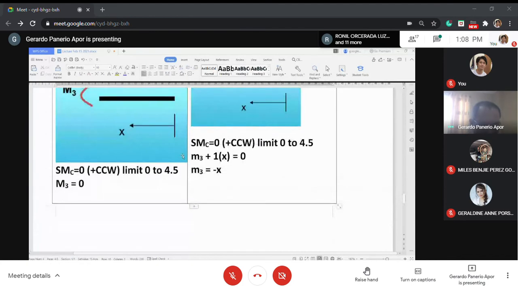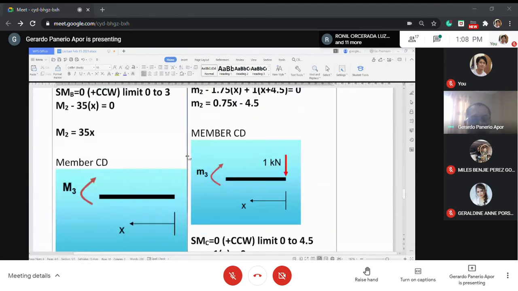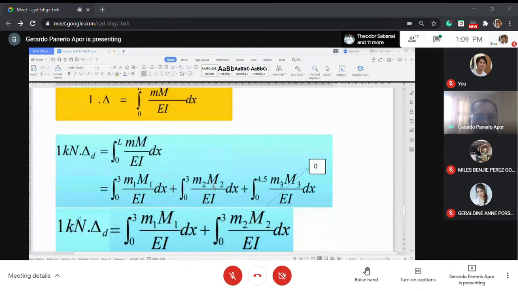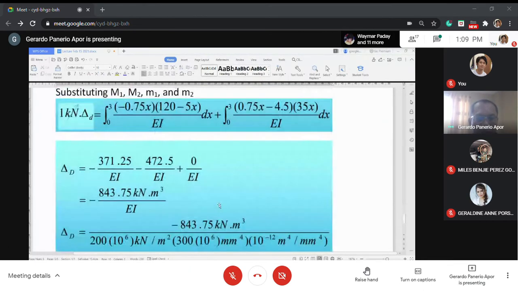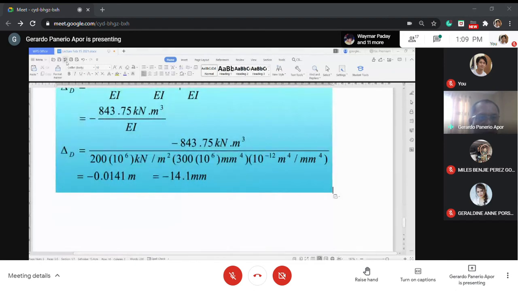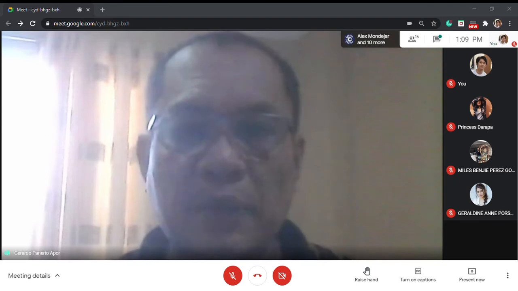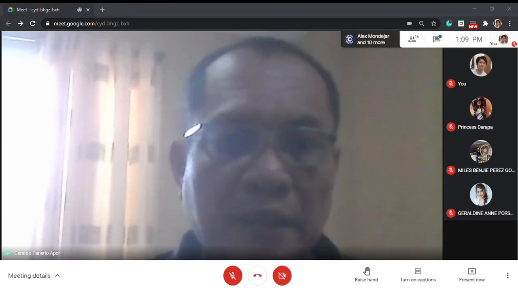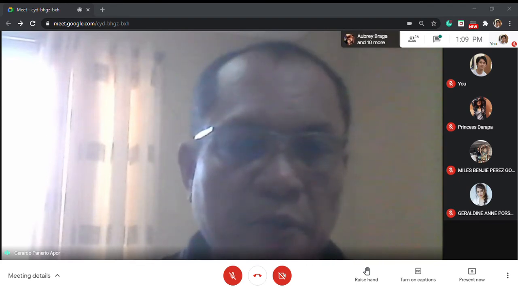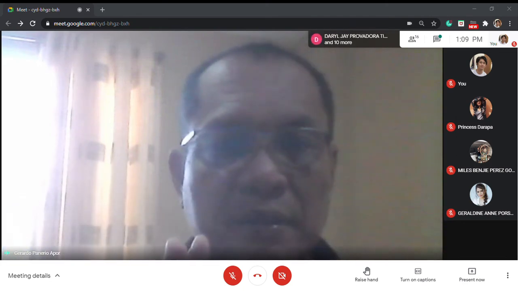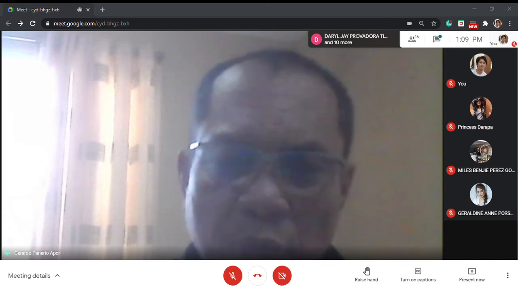So that is how we calculate the deflection. I'll save this. In that example, there is a change of loading. That's why we need to divide it into three segments, because we cannot use the same equation throughout.